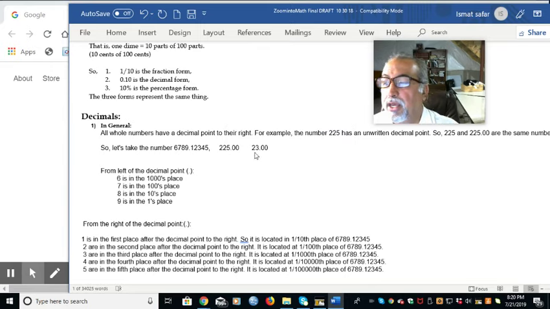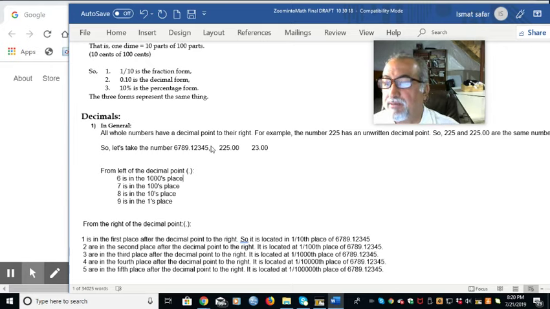Okay, so in 23, the 2 is in the tens place, and 3 is in the ones place. So that's just information.